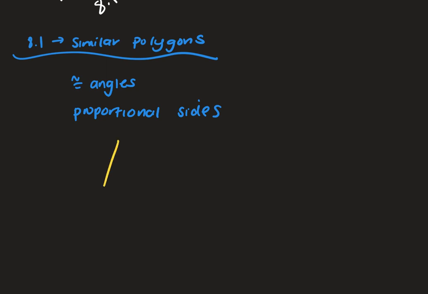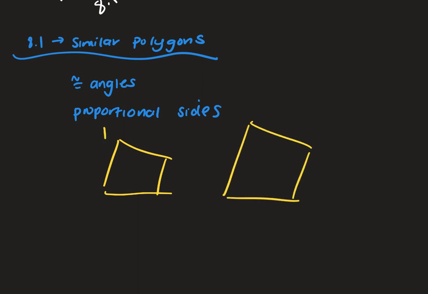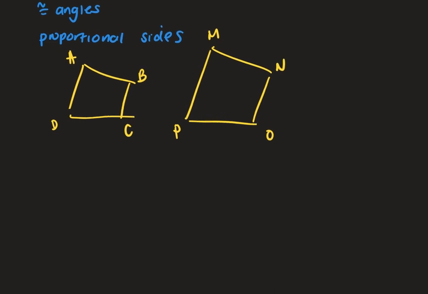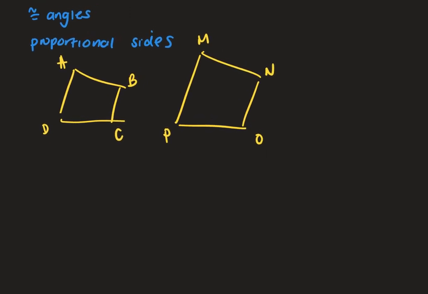So like if I had, let's just say, two polygons and I said there, you could see this two different ways. One is you would know that they're similar.